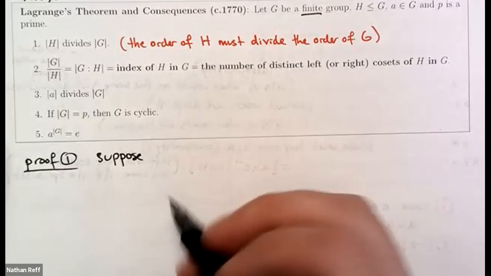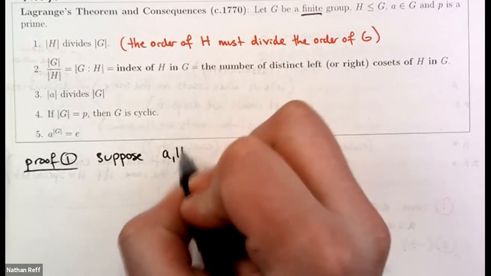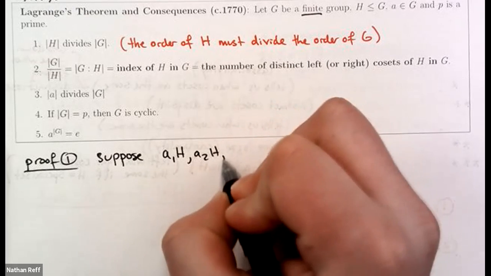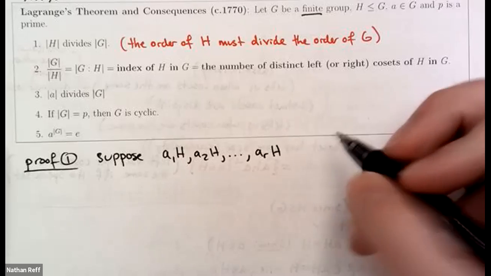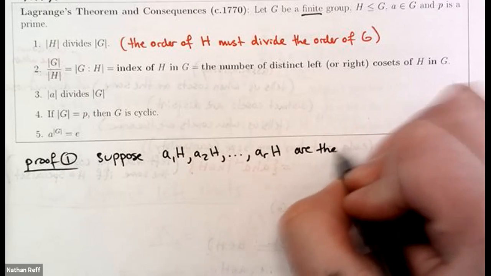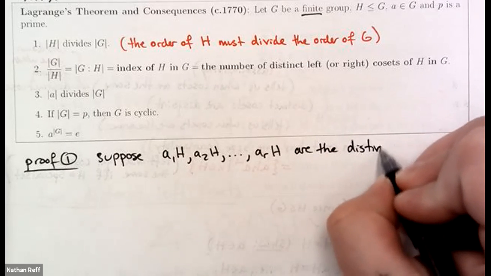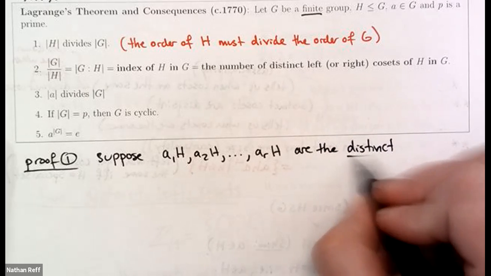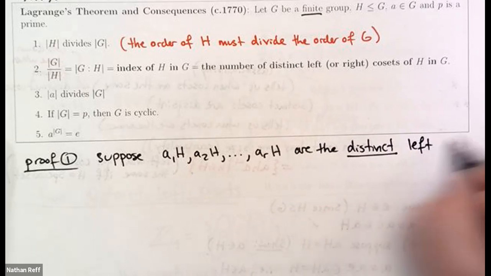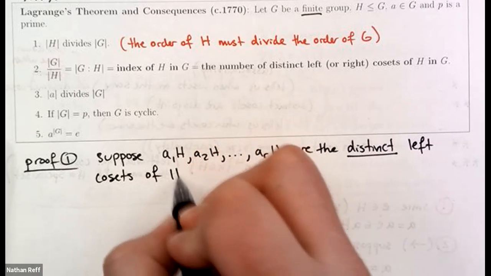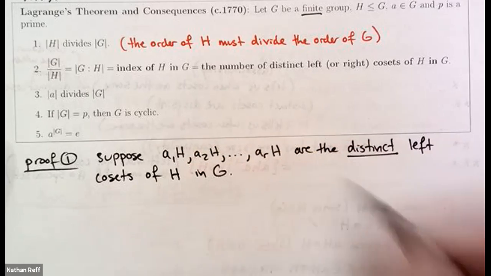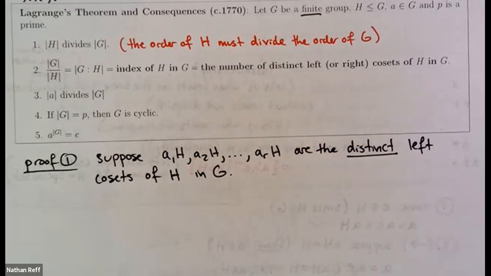Okay, so suppose that A1H, A2H, all the way up to ARH, are the distinct left cosets of H in G. Does everyone agree that such a collection would have to exist from our previous properties?